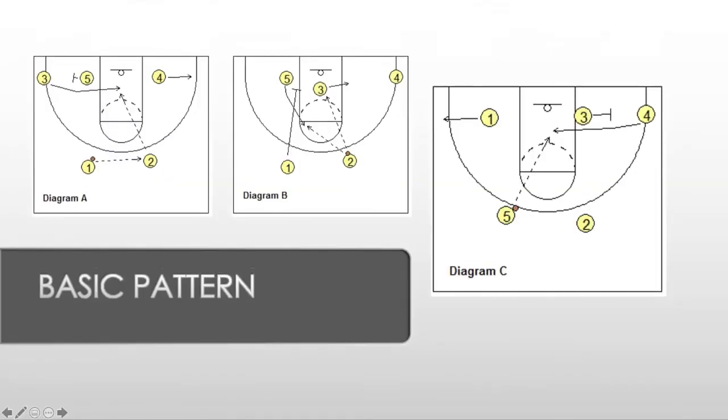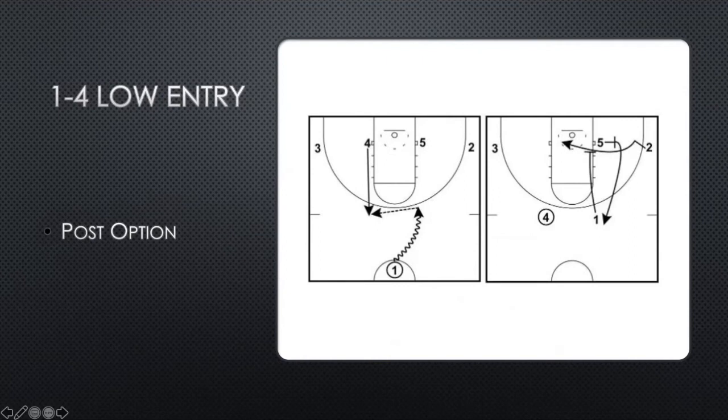And so here we start out with two people up top, 3 down low, right? Now this is a 1-4 low entry, so 1 person out top, and then you have 4 people down low. And so one way of making it look a little bit different is the post option.